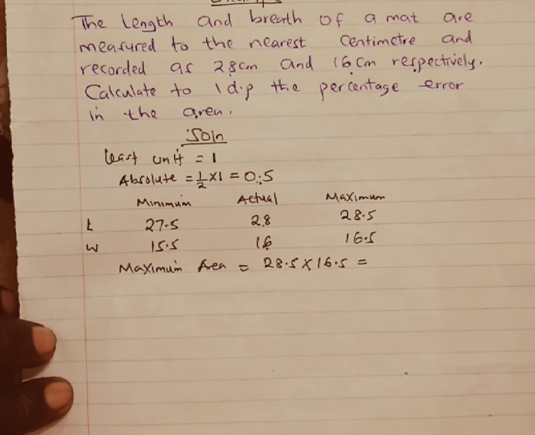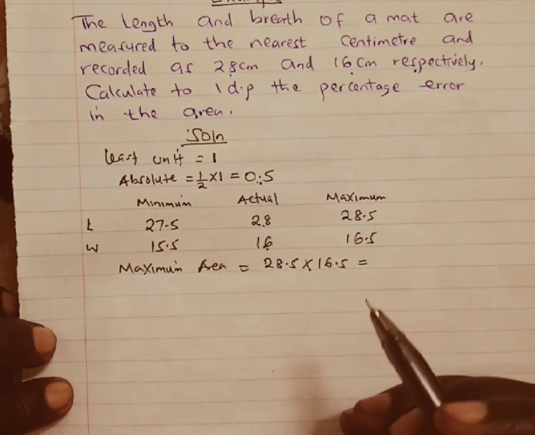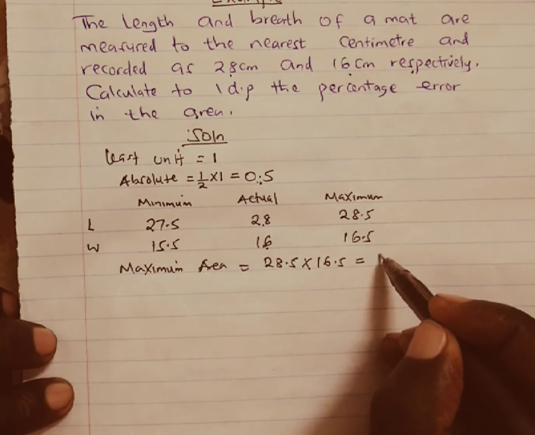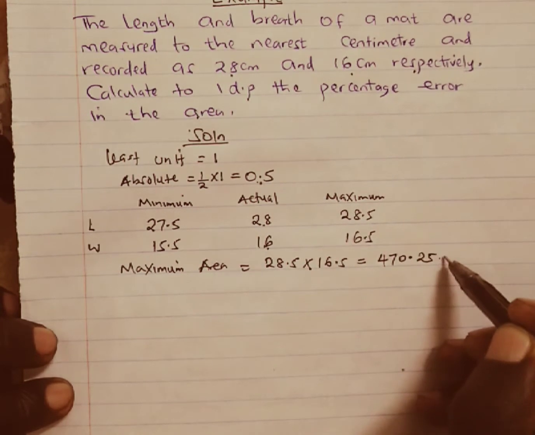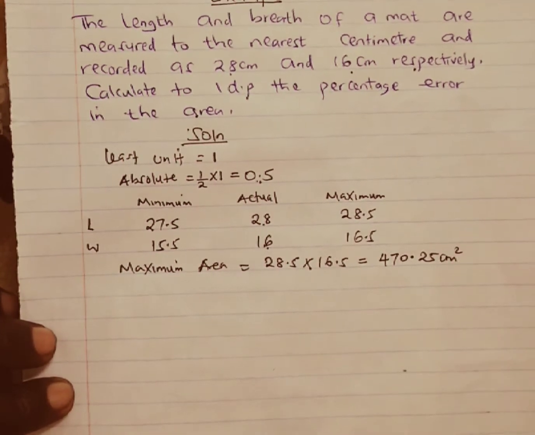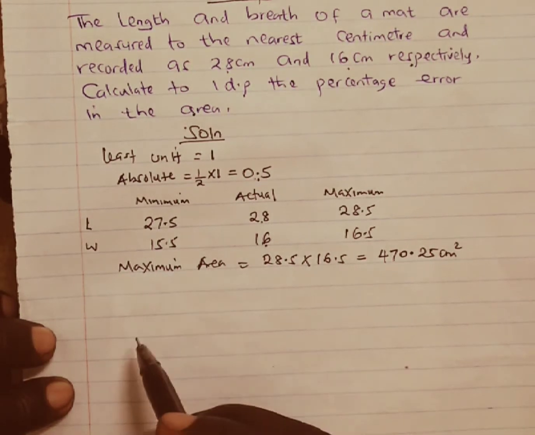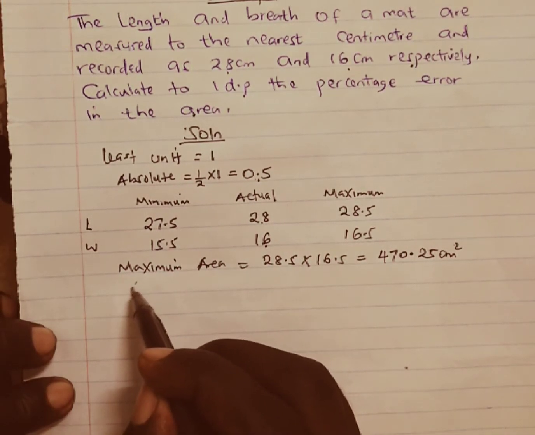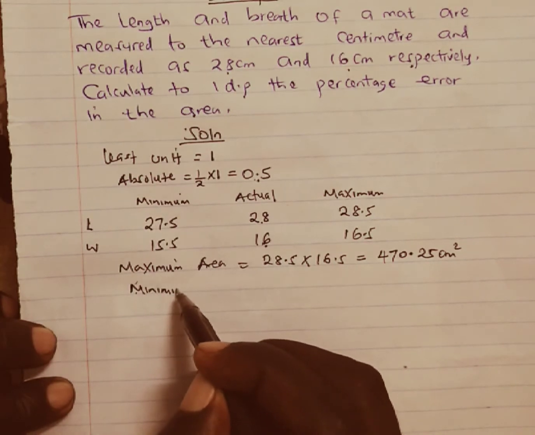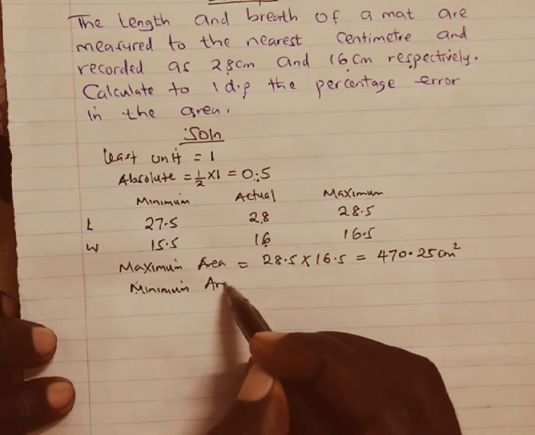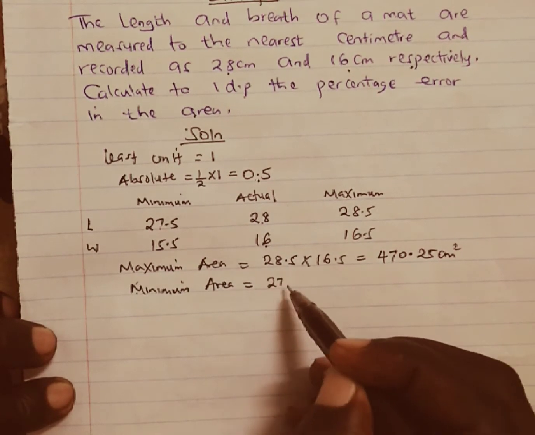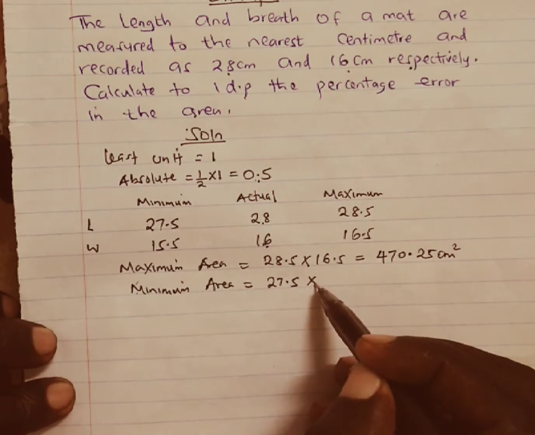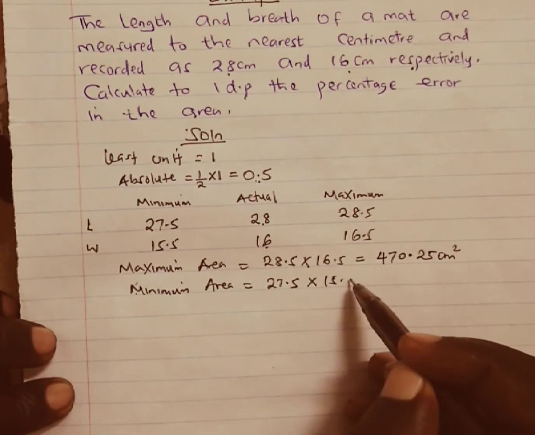If you take 28.5 multiply by 16.5, you get 470.25 centimeters square. Having gotten the maximum area, we can get the minimum area. The minimum area is given by the minimum length of 27.5 times the minimum width of 15.5.